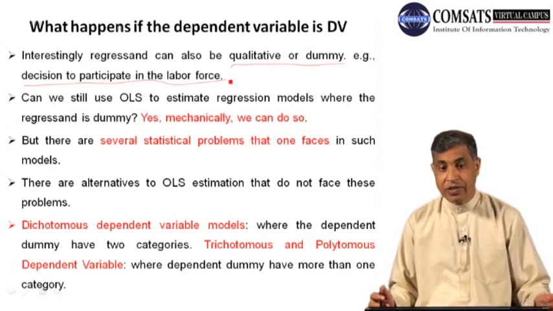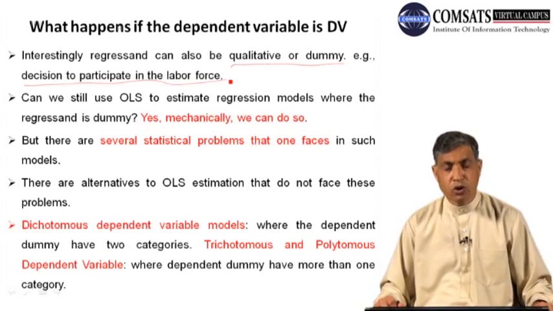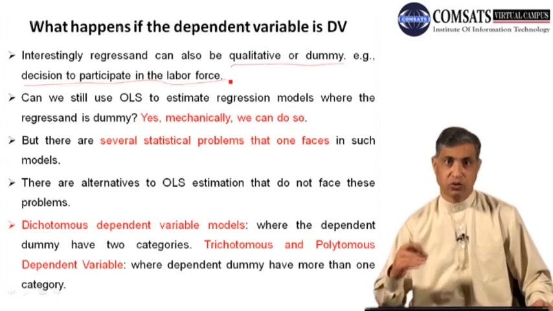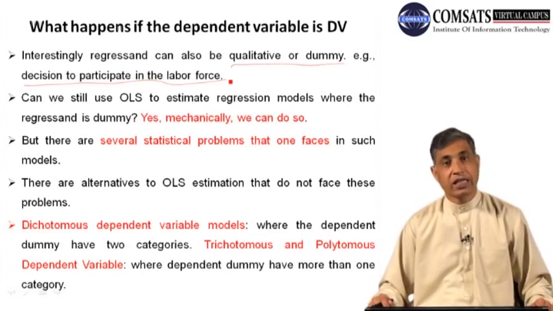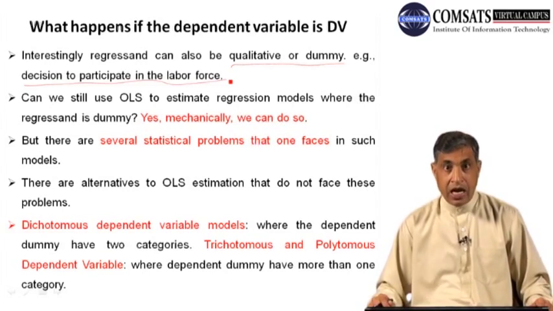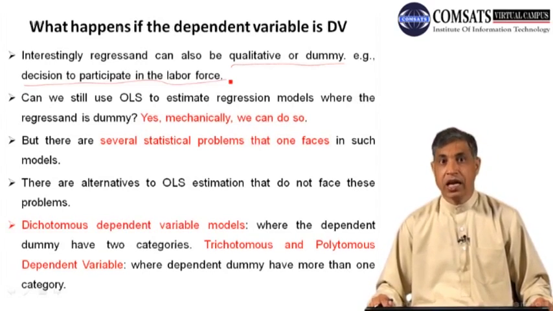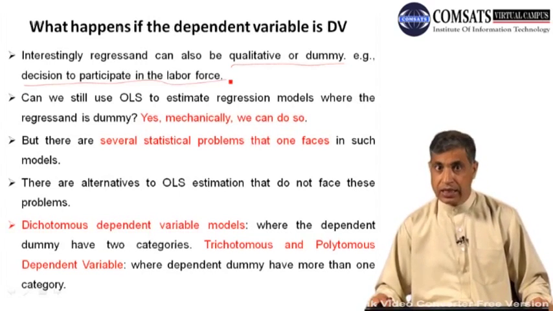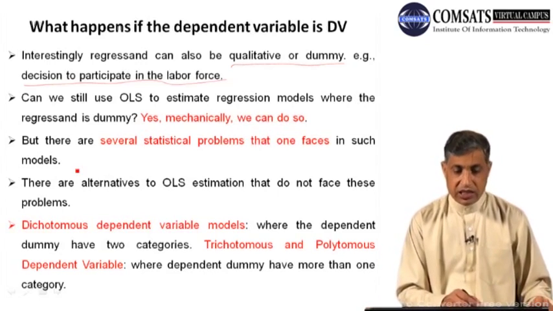At the same time, if this is the situation, can we still use OLS? OLS is, I know, your favorite mechanism, because we always talked about OLS, the ordinary least square method. Now we have to see whether it is still helpful for us, and if it is okay, then we will be very happy, and if it is not the case, we have to go for some other solution.